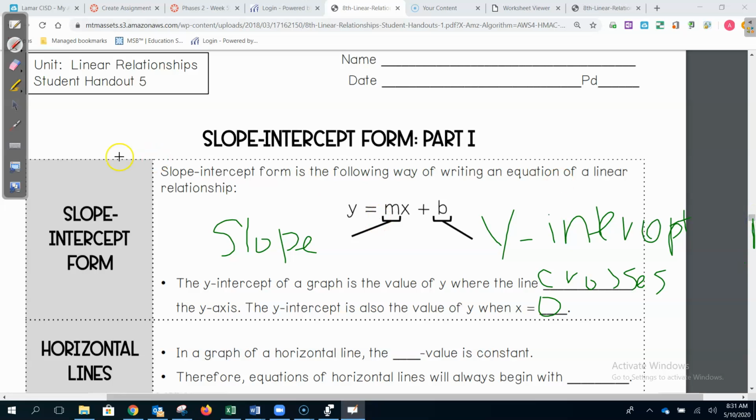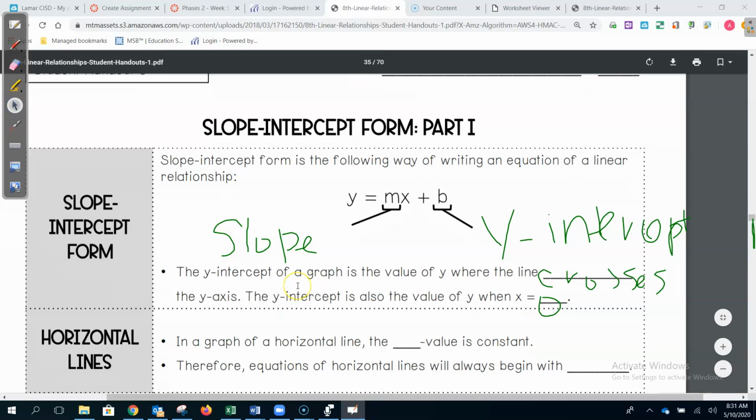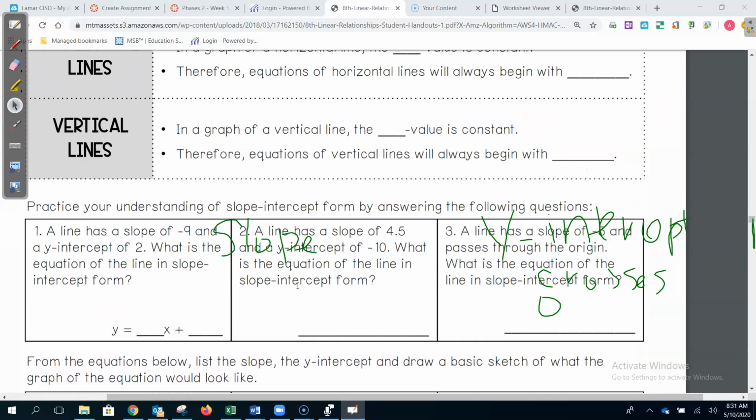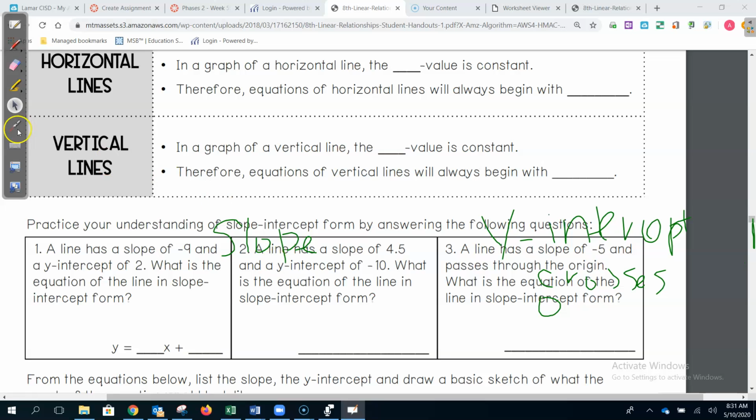So let me get off of this pen and move it down. Let's just practice writing slope-intercept form from different things. I know that the Khan Math had you looking at graphs and tables, but this is just words. And you know how we love words.